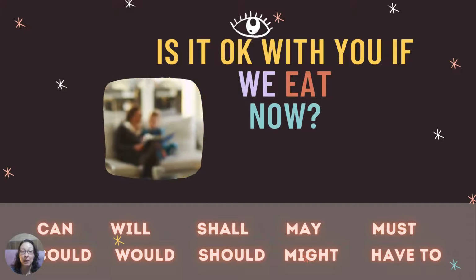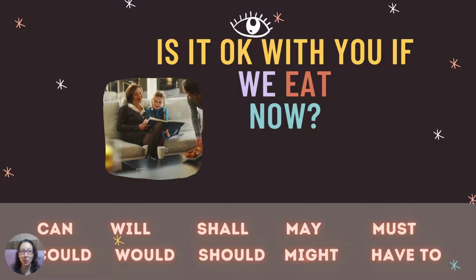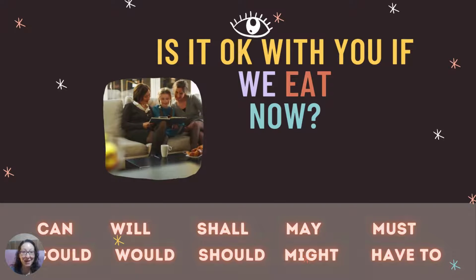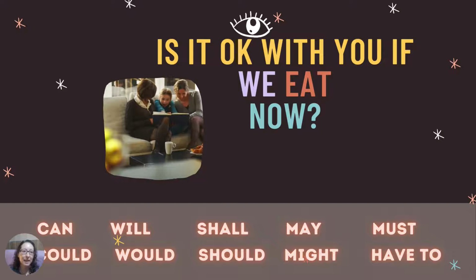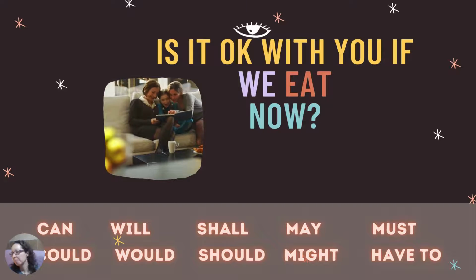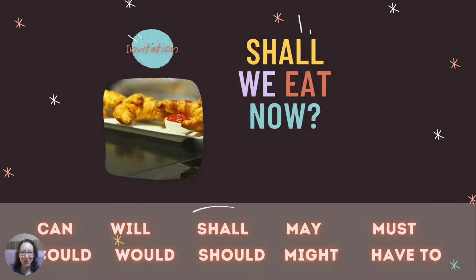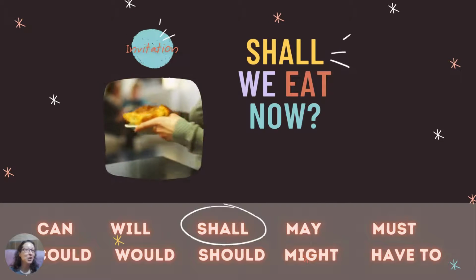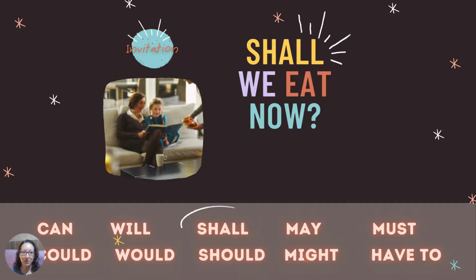Okay, this is similar, but now I'm not offering it to you. I would like to offer it to myself. So I'm kind of asking for your permission and approval, basically. I'm inviting myself to this situation. So, shall we eat? Shall we go to the beach?